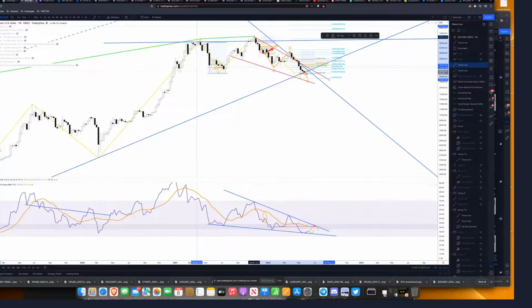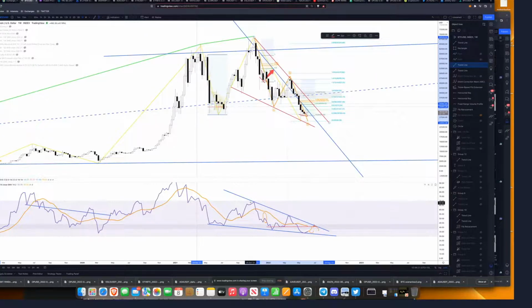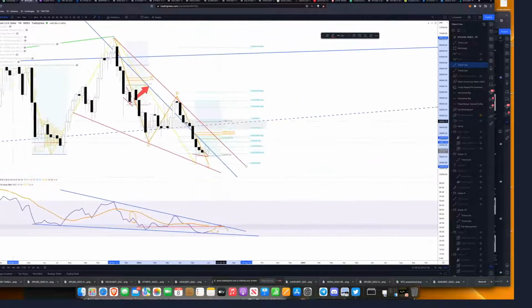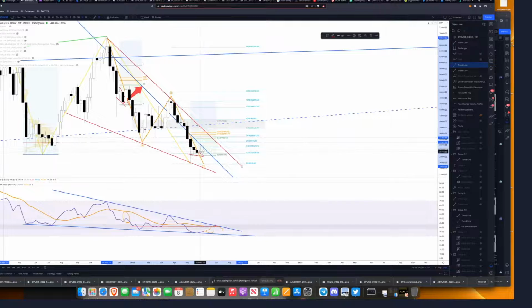The descending wedge or triangle, if we just do that, the RSI reflects it 100%. So me drawing these lines is actually supported by the RSI. What we look at here is two weekly candles looking bullish. One's a reversal.